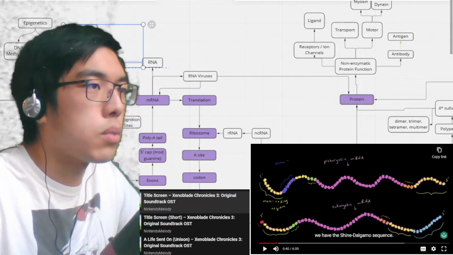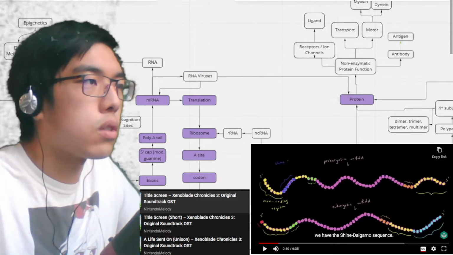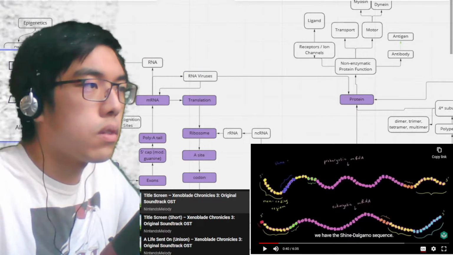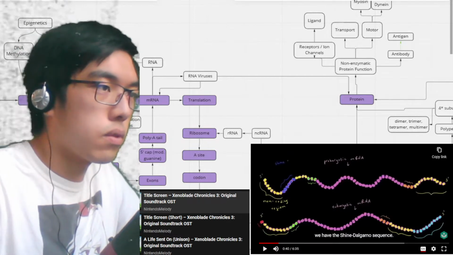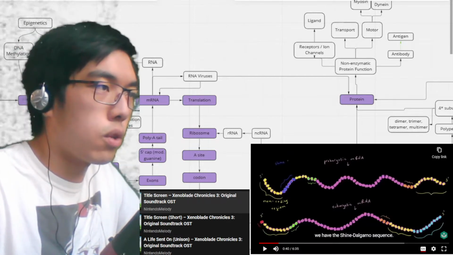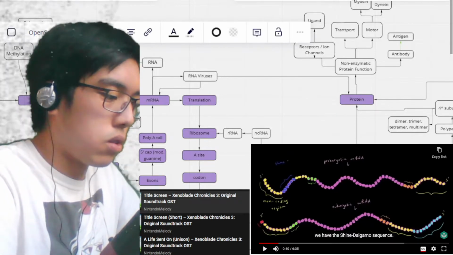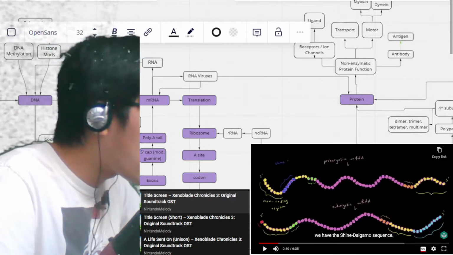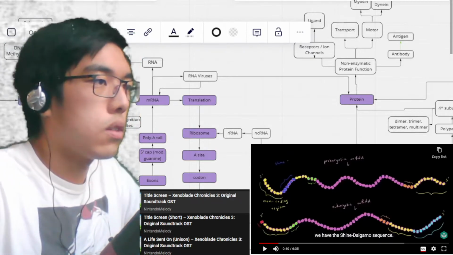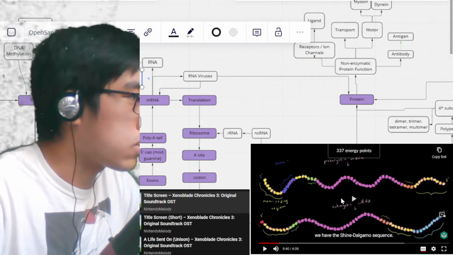I don't think it's going to be a big deal, but let's just put it over here. Assuming that my program works and doesn't break. Okay. Dalgarno. 100% sure on what that is.